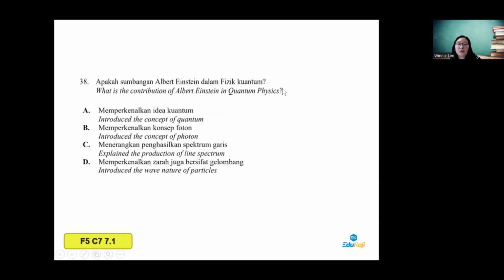What is the contribution of Albert Einstein in quantum physics? Actually, Albert Einstein introduced the concept of the photon. For your understanding also, who introduced the concept of quantum? Quantum comes from Max Planck. That's why when you do the calculation, you use the Planck constant.